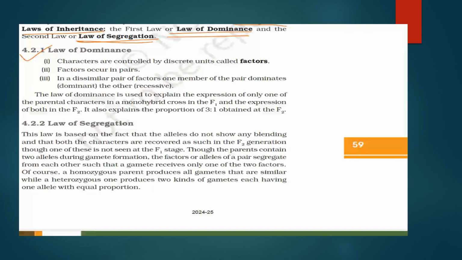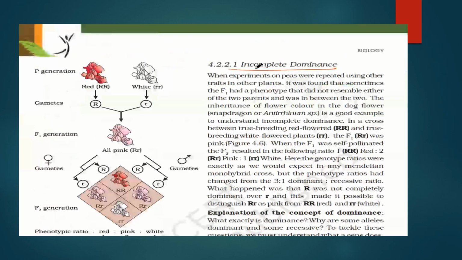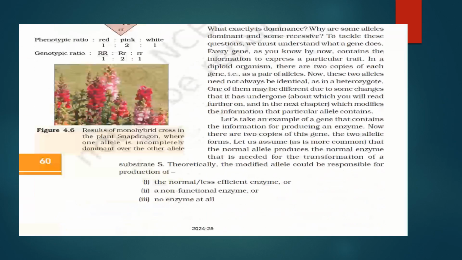So this too we will be studying in the next class, and these are very important, which will lead us to incomplete dominance, and then only we can move on to the next topic, that is codominance. So these are very important parts which we are going to deal with in the next class.